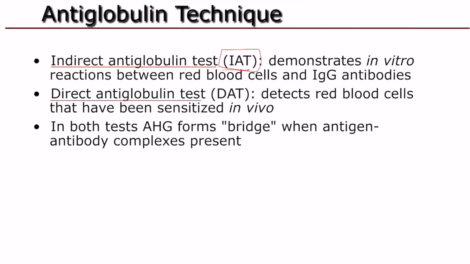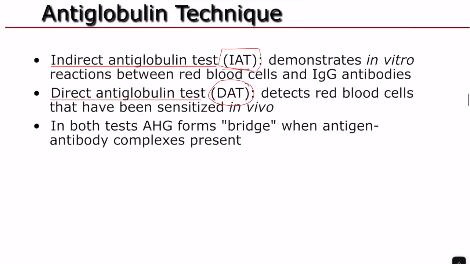I typically call it a DAT. From what I understand, there are some individuals that call it something else, but anywhere I've worked, that's not been a common term. But the difference between these two tests specifically is the in vitro versus in vivo.